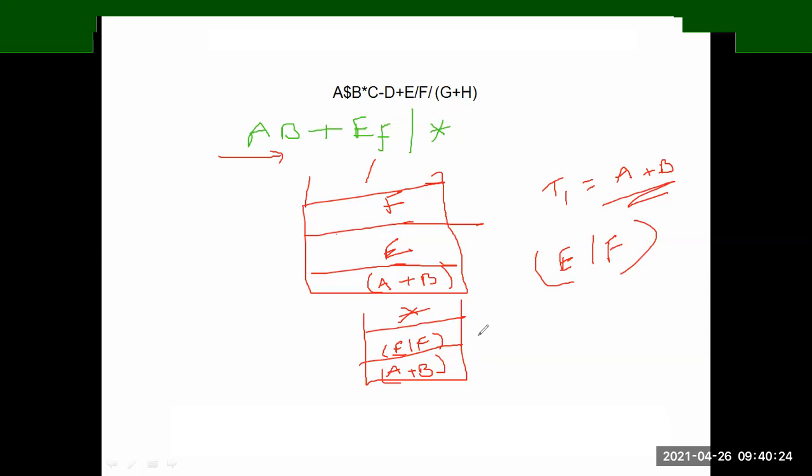You can write T1, T2 or directly in this manner as you wish. Okay, I am taking this as T2 and this one as T1. So perform T1 star T2. So that is A plus B star E by F. So this is the conversion of postfix to the infix expression.